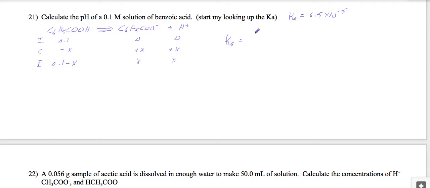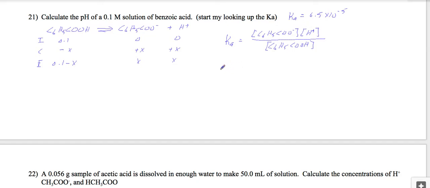Ka is equal to the benzoate ion, which is just so much fun to write over and over again, over C6H5COOH. We can plug things in now.